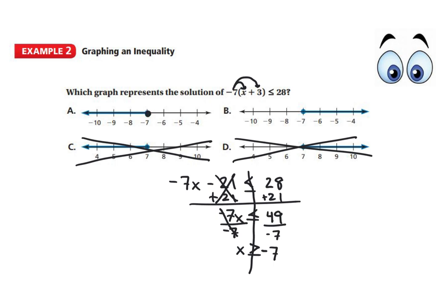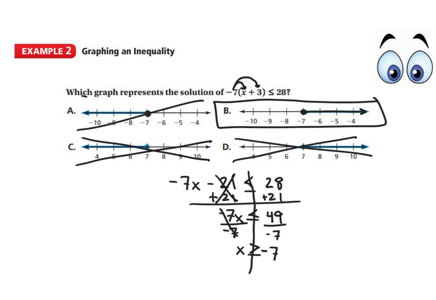I notice both of my circles are filled in, so those could both be correct. However, x has to be greater than, so that means my arrow has to be pointing to the right out of my filled in circle, telling me that B is the only option. A couldn't be right unless you forgot to flip your inequality symbol.